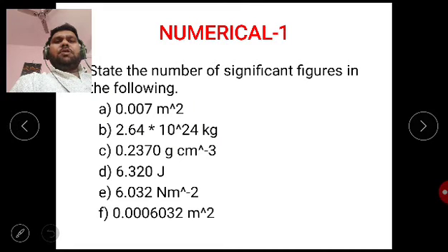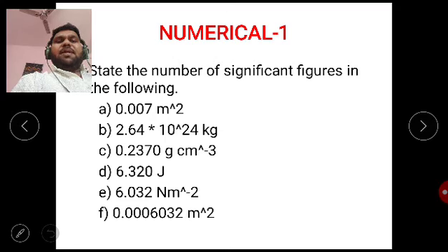So part A is 0.007 meter square and we need to find the number of significant figures. So first thing to observe here is that the number is less than 1. So if a number is less than 1, all the zeros to the right of the decimal place before a non-zero digit are considered non-significant.